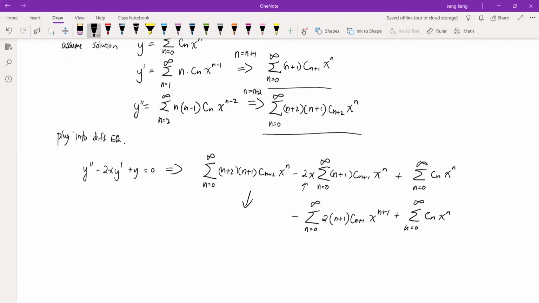So the second term, we'll have to replace n with n minus 1, right? So n equals n minus 1 at this point. So 2 times n times c to the n times x to the n, n equals 1 to infinity, plus the sum of c to the n x to the n, n equals 0 to infinity.